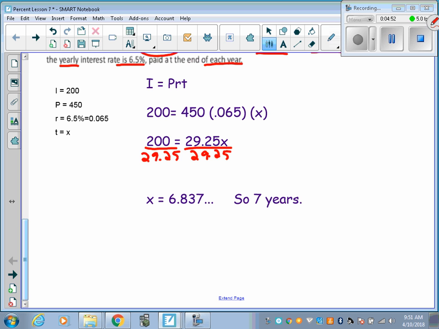This is how we get the x by itself. So I get x equals 6.837, and there's a lot of decimals there. But again, it pays at the end of each year, so we can't do 6.837 years. We would have to go to 7 years. So it would take her 7 years to earn that $200 if she invests $450.